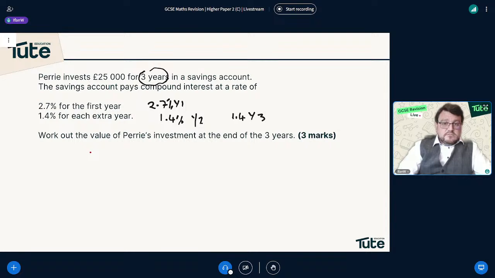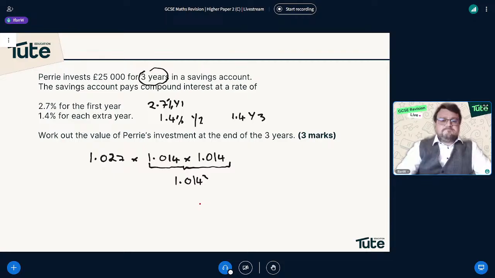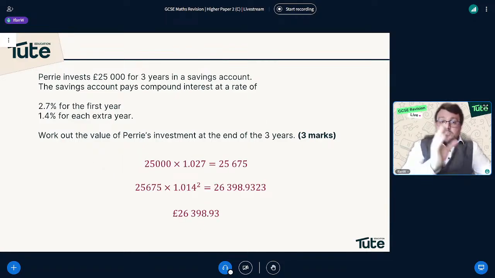You're increasing, so it's going to be 1.027 once. Then you're going to be multiplying by 1.014 and again 1.014. Now this could look like this as well because you're multiplying a number by itself. Square it.